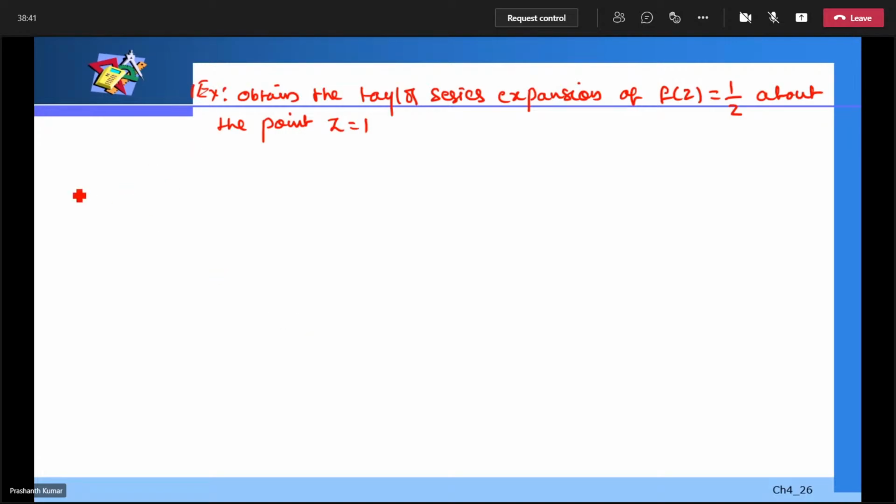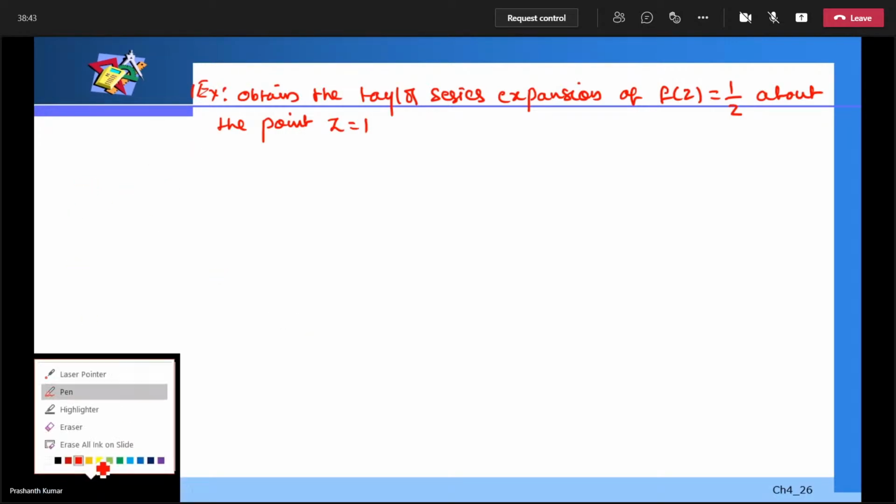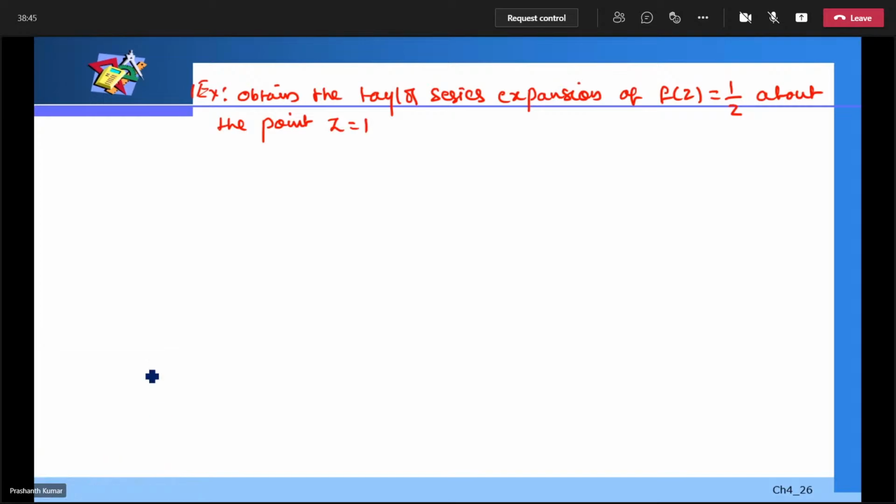So definitely the function is analytic at z is equal to 1. Therefore at z is equal to 1, the function f of z is analytic.